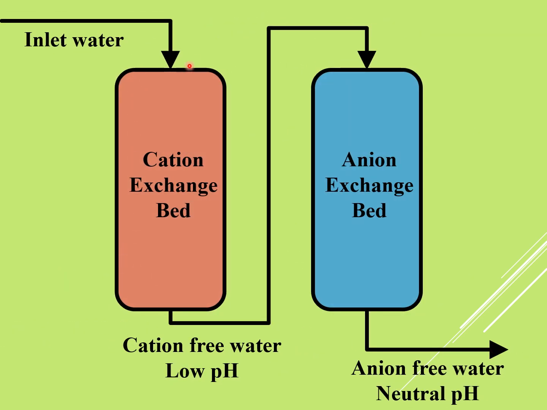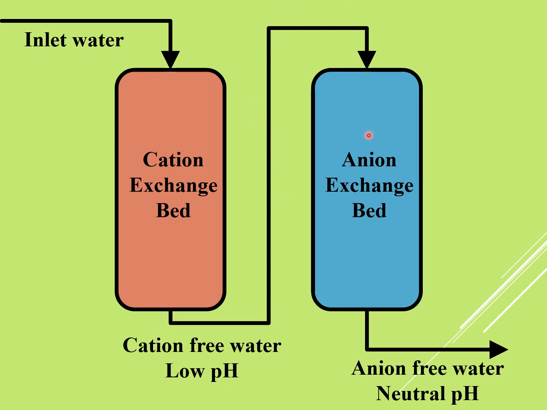You have a column. It's a cylindrical tube which you fill with the cation exchange resin. Another cylindrical tube you fill with the anion exchange resin. Keep it vertical, and the hard water is sent into the cation exchange resin. So when it comes out, all cations will be absorbed by this resin and you get cation free water.